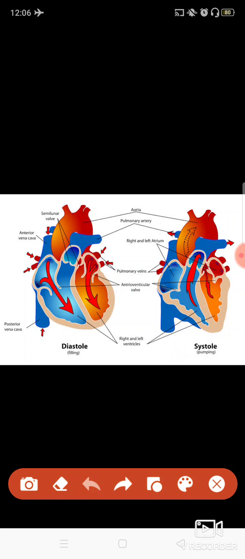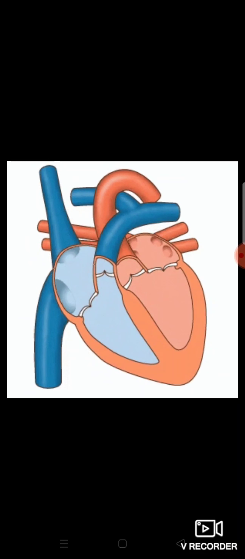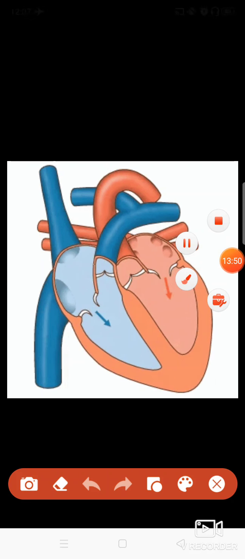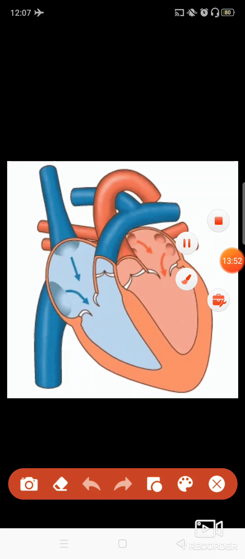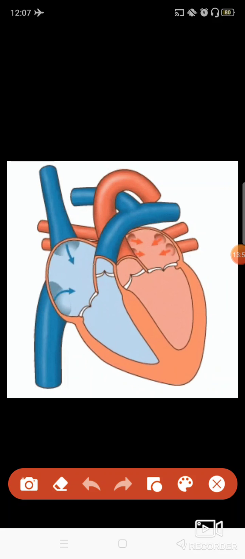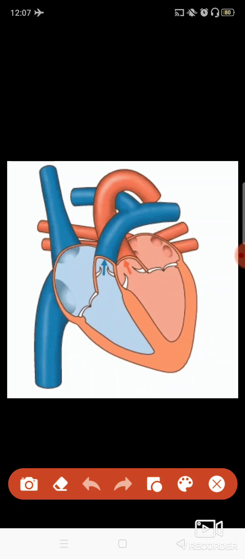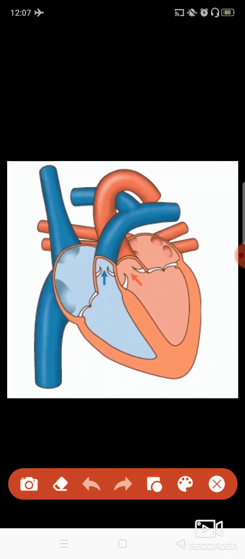Okay, so now you see again this one, this is going to happen. Either the heart muscles are going to contract or relax. Systole, diastole, systole, diastole. This happens continuously.